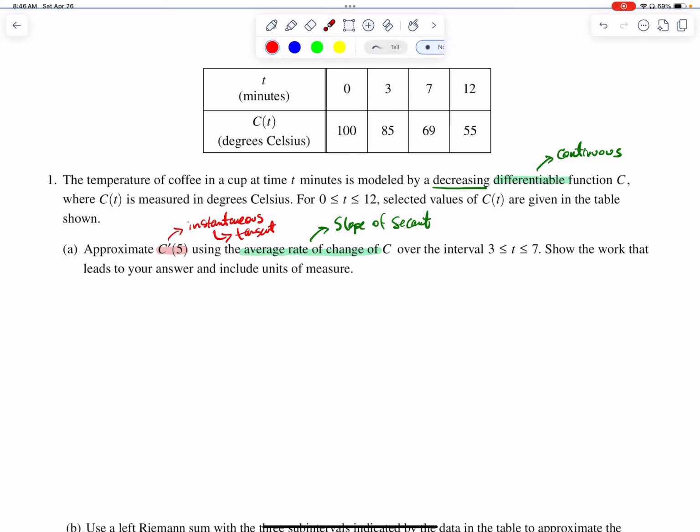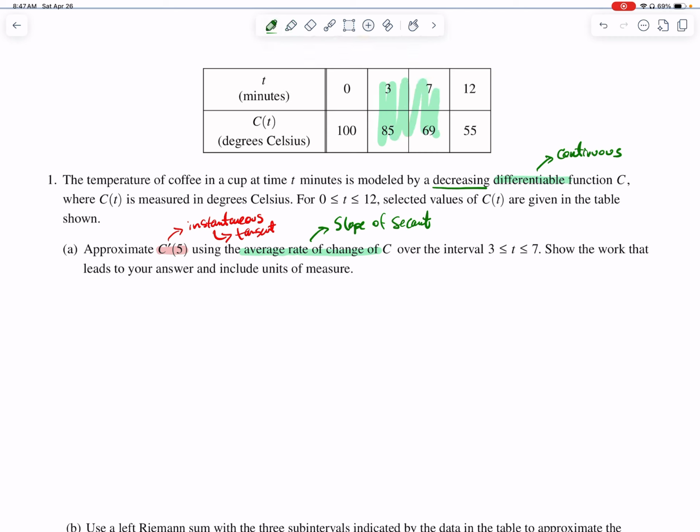And we often use the slope of a secant line in order to approximate the slope of a tangent line, especially when we don't have an explicit equation to work with where we can take the derivative. So we just have a table of values and we can pick some close values to, in this case, 5. They even tell us which ones to use. The closest values here are from 3 to 7. So I'm just going to find the slope between those two.